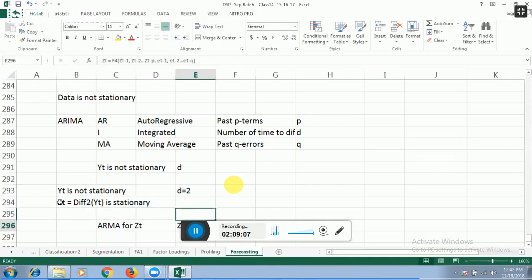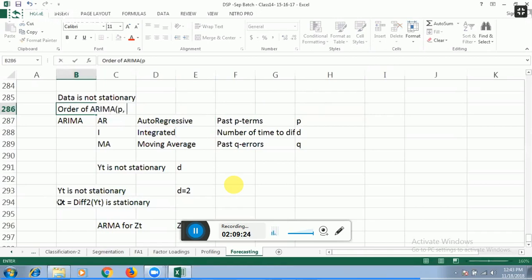So this is how you will be able to build a model when you are building an ARIMA. When you want to find out the order of ARIMA, it is P, D, and Q. What is the PDQ?